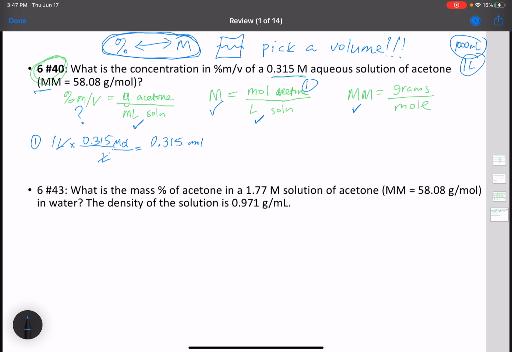Cool, well guess what? Moles goes right here. Now I know moles, which means I have enough information to figure out how many grams we have. So the sort of second thing I'm doing here is multiplying that by our molar mass, 58.08 grams per mole.